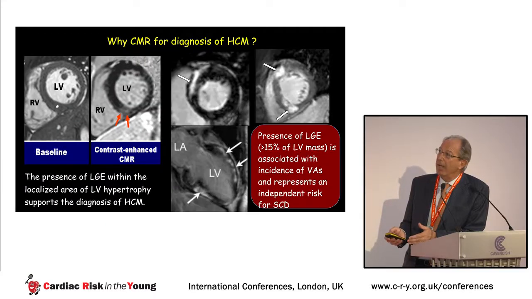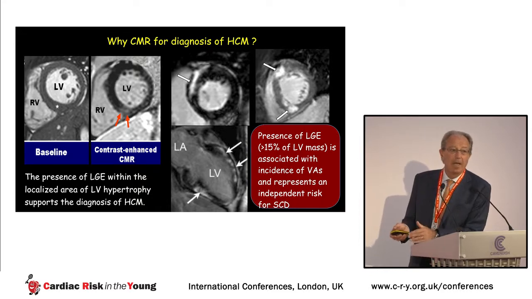And the cardiac MRI can give you not only exact definition of hypertrophy, extension, and segments that are involved, but also additional, unique information that shows the presence and patterns of late gadolinium enhancement.